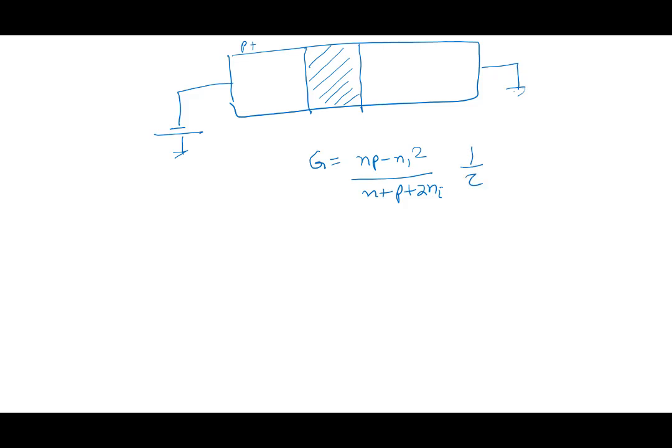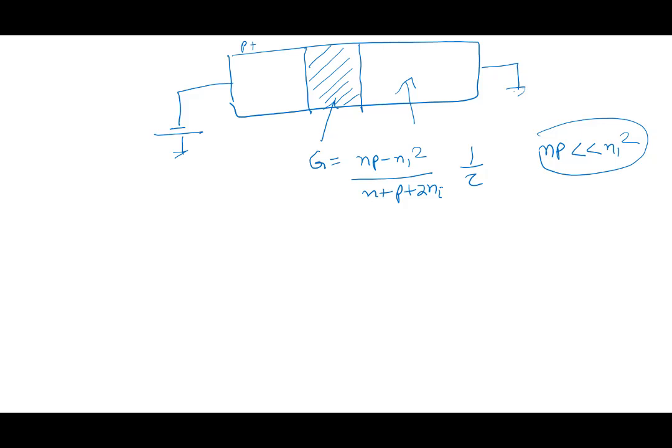Now, when you are talking about reverse bias, what it does is make np much less than ni square. Either I look here inside or here outside the depletion region, the product of n and p becomes lower.